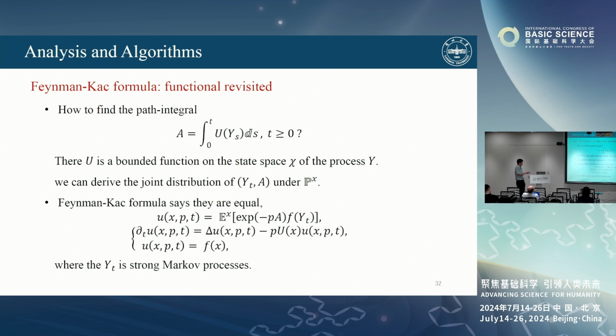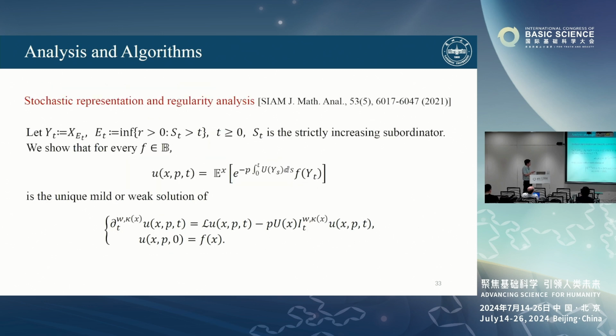Based on the Feynman-Kac formula we do stochastic analysis for the PDE. For our non-Brownian case, we can do similar things. Also, we can derive the stochastic representation, then do the regularity analysis based on the stochastic representation.